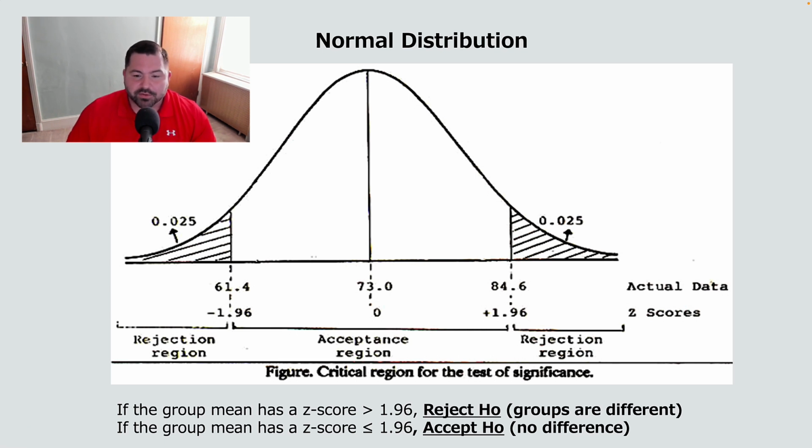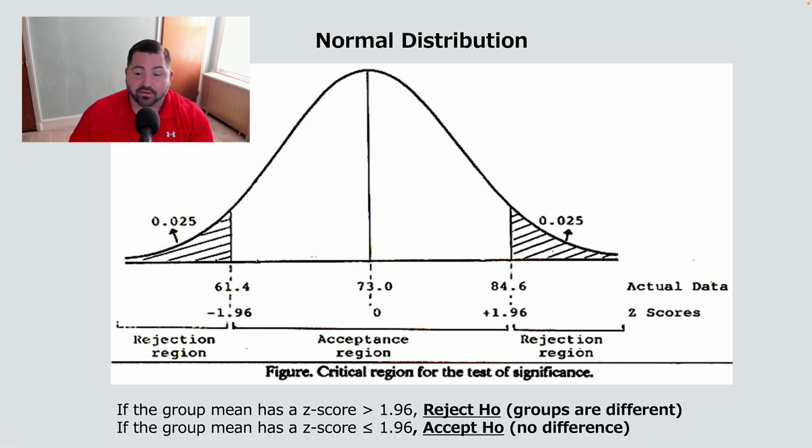So the way we do this is, when we calculate the z-score for a particular group, we can place it onto this normal distribution. If the group has a mean score larger than positive 1.96, that tells me the value is falling in this shaded region of rejection, where the likelihood of that happening is only 0.025, or a 2.5% chance.